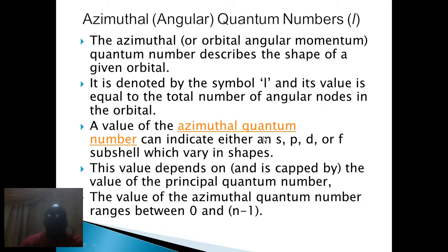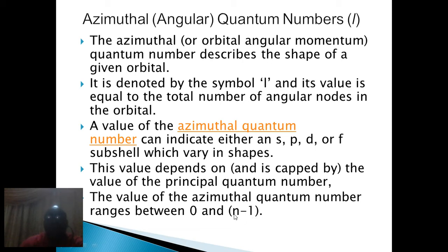A value of the azimuthal quantum number can indicate either an s, p, d, or f subshell or orbital, which vary in shapes. They have different shapes: s, p, d, or f. This value depends on and is capped by the value of the principal quantum number. The value of the azimuthal quantum number ranges between 0 and n minus 1.